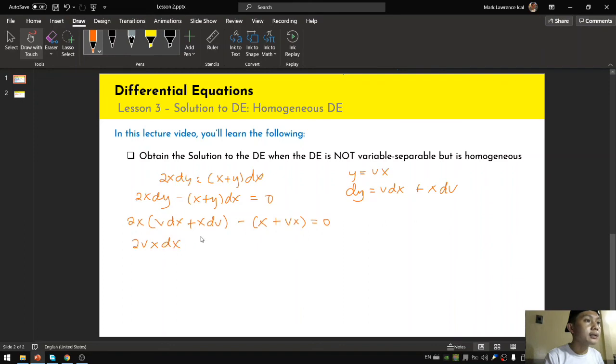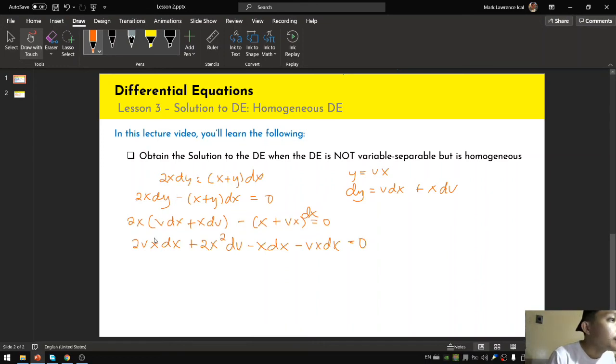Now, distribute. So we have 2vx dx plus 2x squared dv. So we have minus x dx plus, not plus. So it's going to be minus vx dx is equals to 0. Vx.